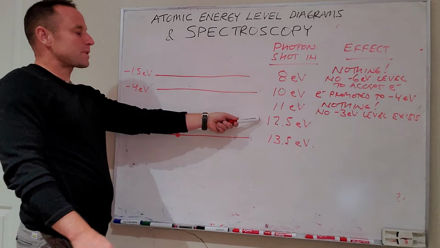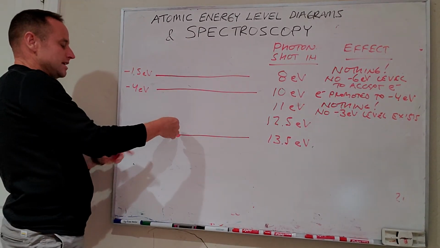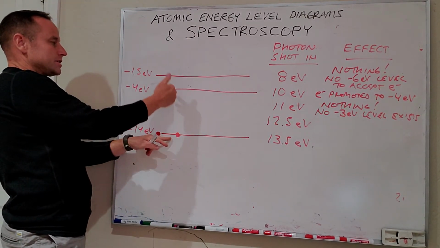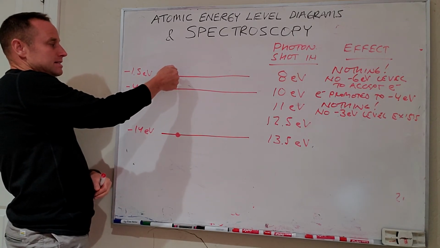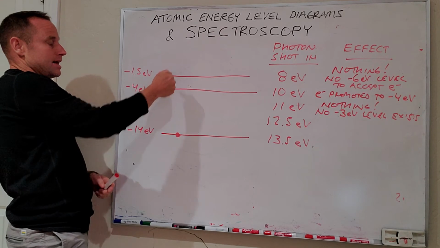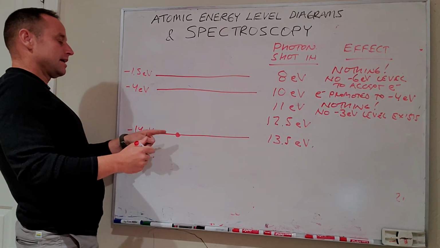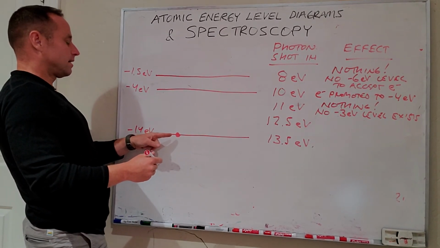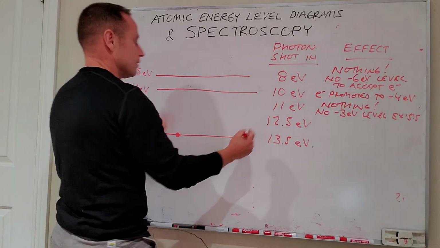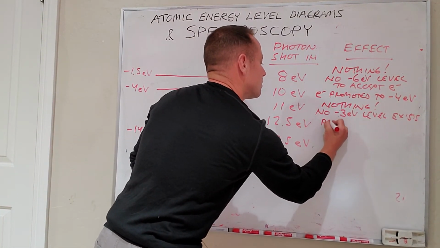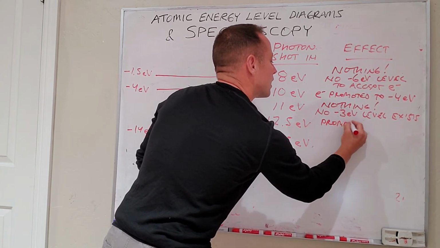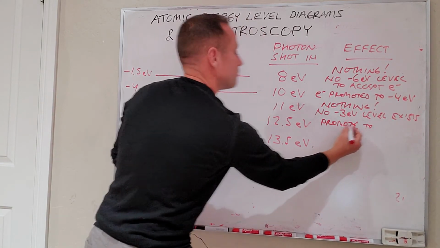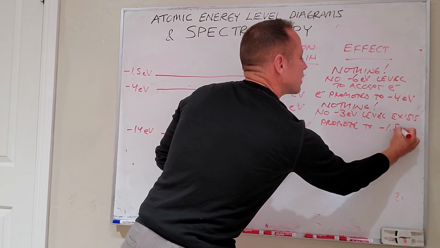Finally, we get this one. This one's probably pretty obvious. You shoot this in. Well, 12.5 eV above this one is that one. And so you'll pump that electron up into this excited state, minus 1.5 eV. So we will promote to minus 1.5 eV.